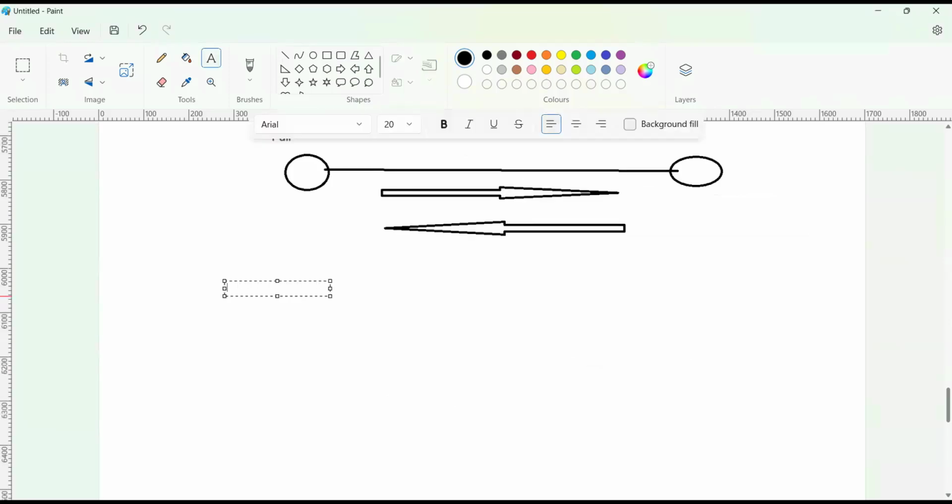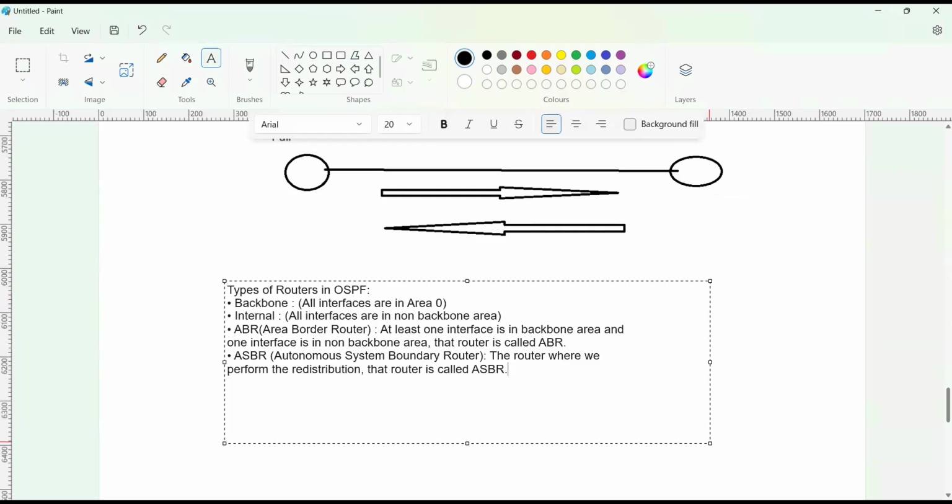First one is the backbone router: all interfaces are in area 0, that is the backbone. Internal router: all interfaces are in a non-backbone area. Area border router: at least one interface in the backbone area and one interface in a non-backbone area. That router is called an ABR.